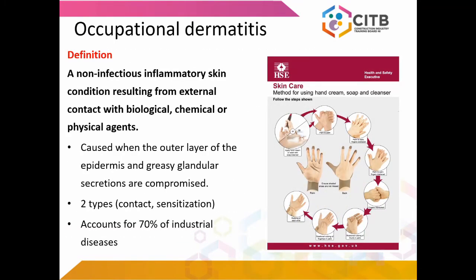Occupational dermatitis. Definition: a non-infectious inflammatory skin condition resulting from external contact with biological, chemical, or physical agents, caused when the outer layer of the epidermis and greasy glandular secretions are compromised. There are two types, contact and sensitization, and it accounts for 70% of industrial diseases.